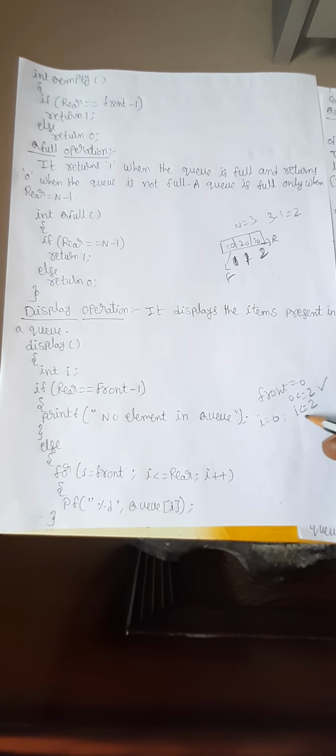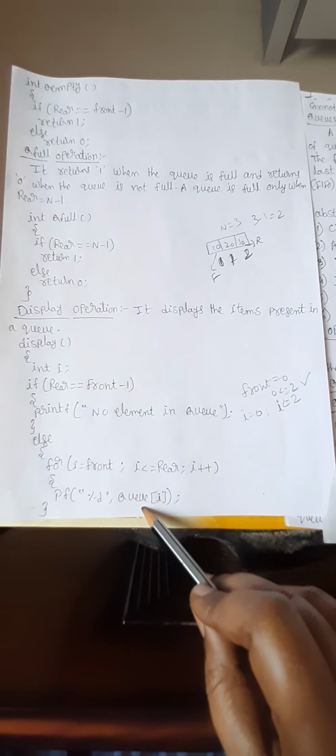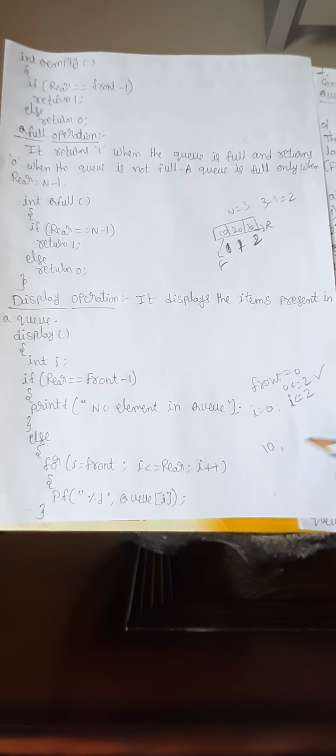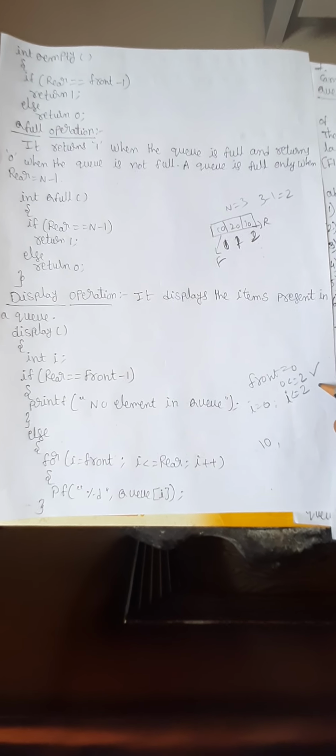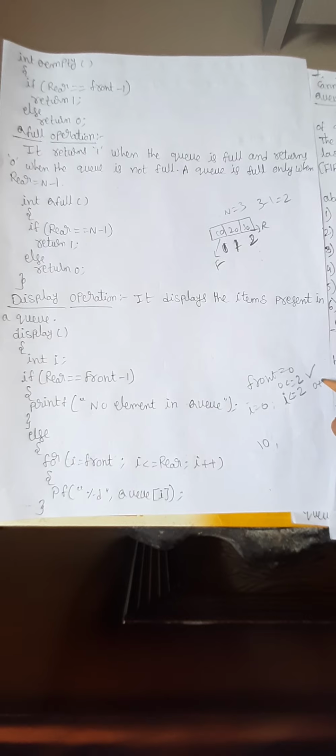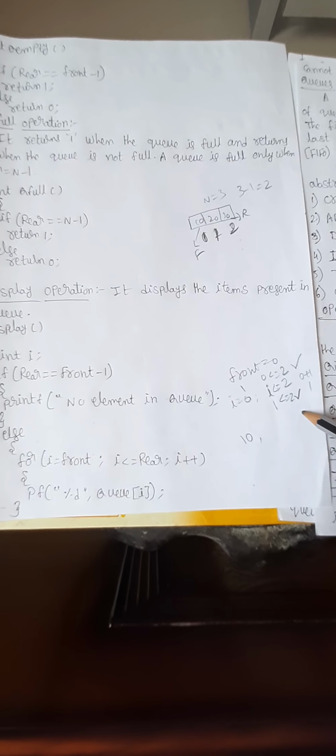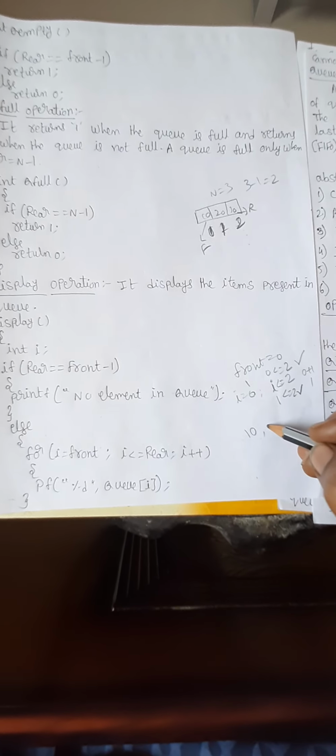The condition is true, so it will display q of i, that is the element 10, and the i value gets incremented, 0 plus 1 becomes 1. Again it checks 1 less than or equal to 2, the condition is true, so q of i, that is 20, will be displayed.